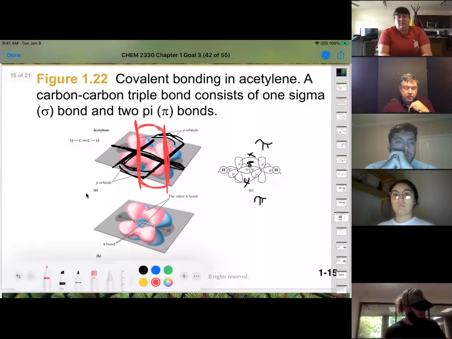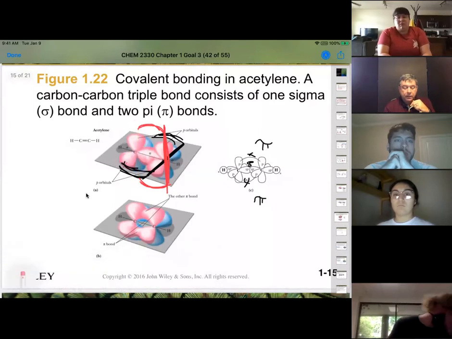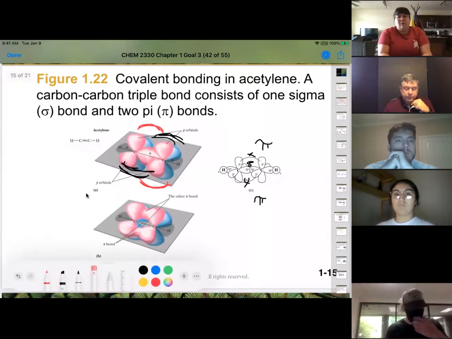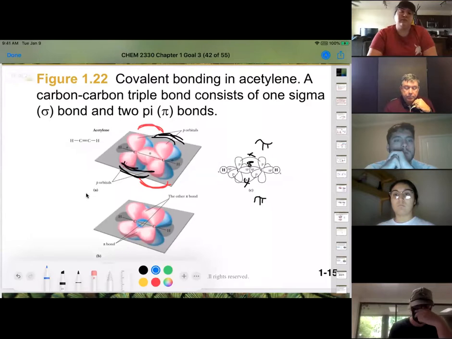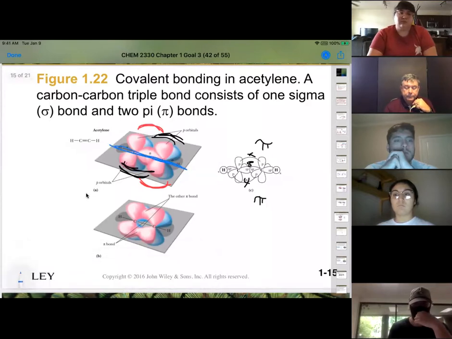And let me go ahead and show our linear sigma bond as this blue one here, okay? And the ones that are in the x-axis, or in the plane right here, form our one pi bond.